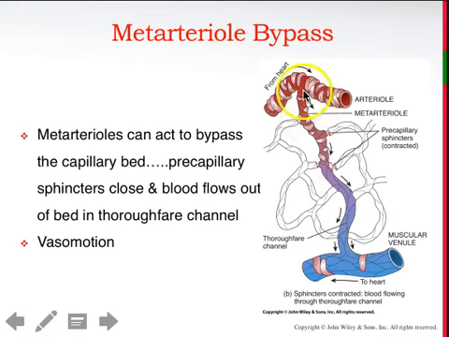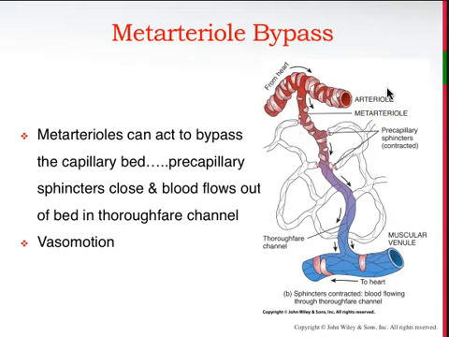We have, as I mentioned, this main vessel that's going to connect the arteriole with the venule, and that is called a metarteriole. Metarterioles are important in that they allow us to bypass a capillary bed entirely. So we can close off the precapillary sphincters.